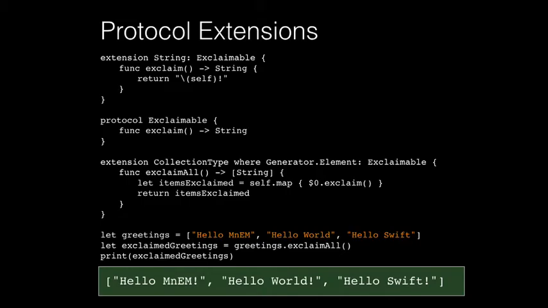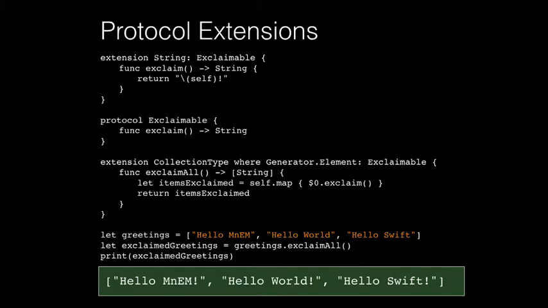I have a protocol, or interface in C#, that states that the adopter of this class must have exclaim. Now what I can do is declare an extension on this exclaimable protocol that says anything that is basically a collection of strings can have an exclaim all method.